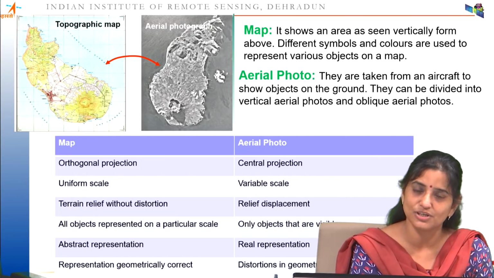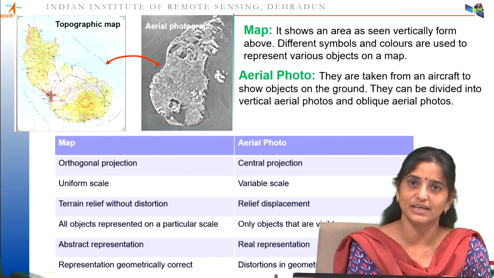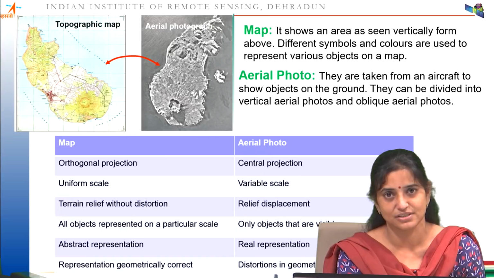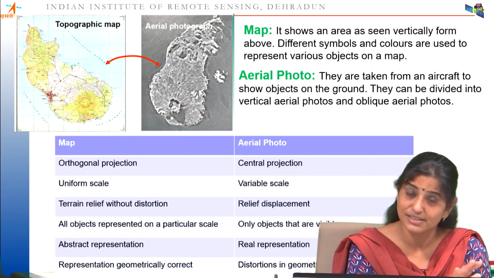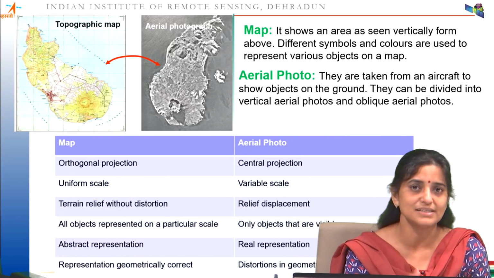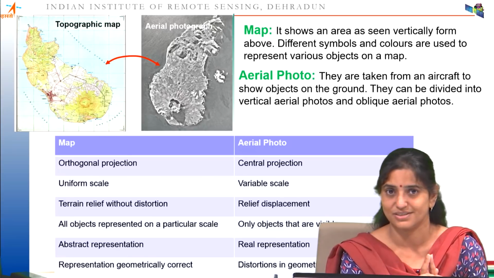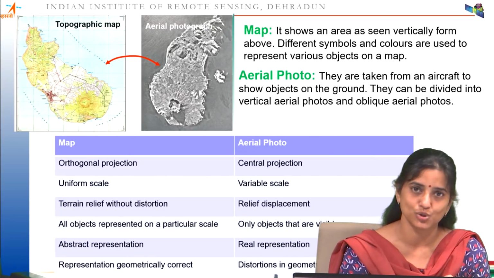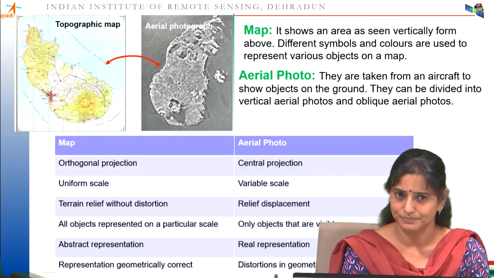So 1 centimeter of map is equivalent to 50,000 centimeters of the ground, 1 inch of the map is equivalent to 50,000 inches of the ground, and so on. This is constant throughout the map, whereas in case of aerial photographs, the scale is not constant. Scale varies from point to point. How it varies, that also we will be discussing later.